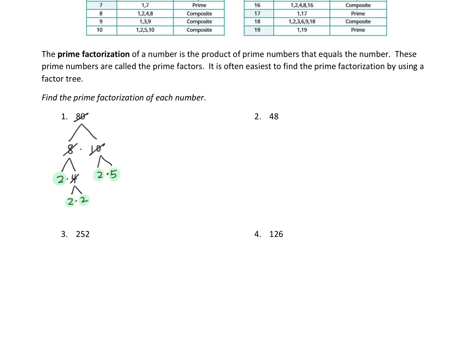That means my tree is done. All of the circled or highlighted numbers are the prime numbers that multiply together to get 80. So the prime factorization of 80 would be four 2's, so 2 times 2 times 2 times 2, and then times one 5. So that's the prime factorization of 80.